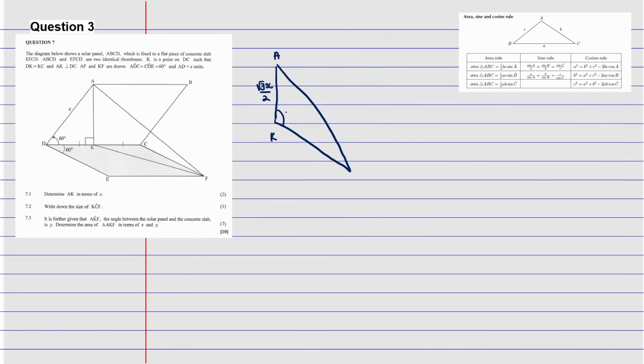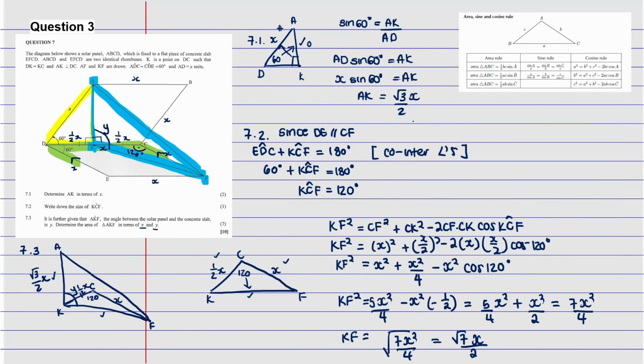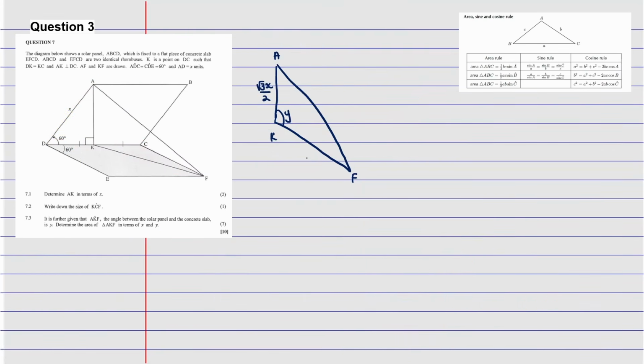We know that this whole thing is Y, right? And we know the fact that this is KF, and we already calculated this. When we calculated it, we had root 7 X divided by 2, right? So now we have that, right?